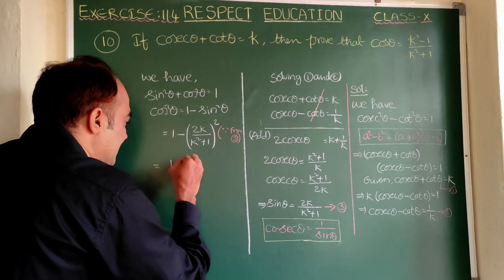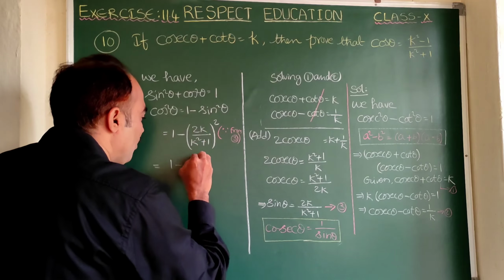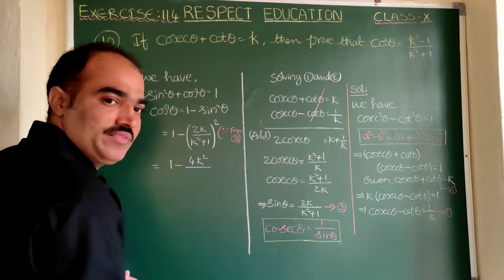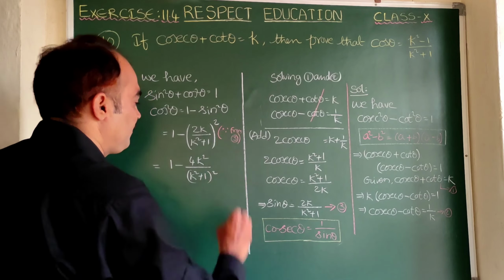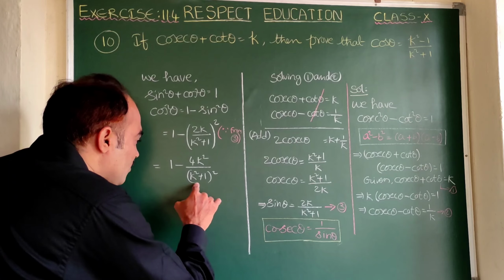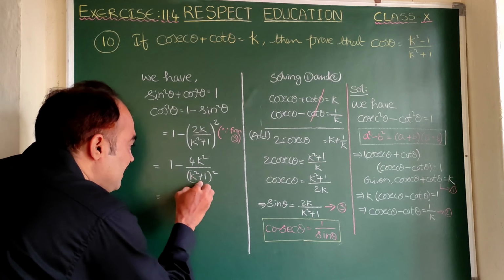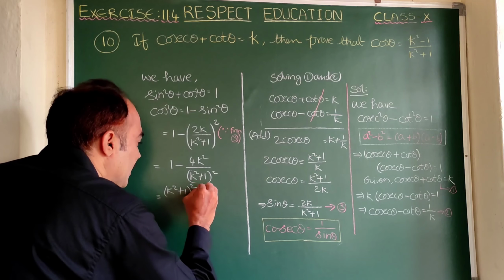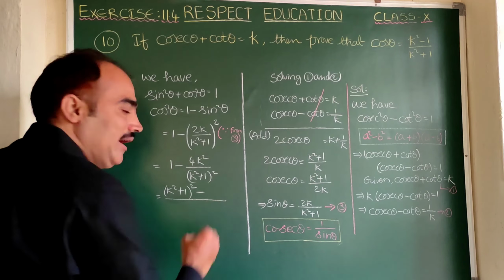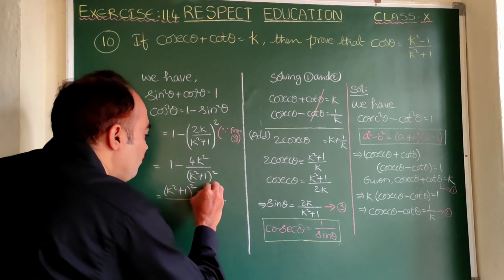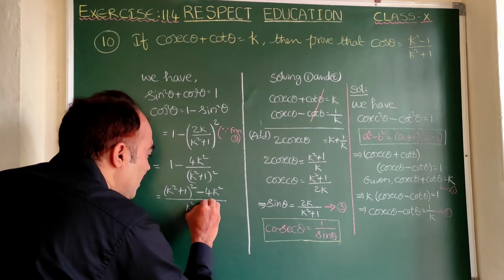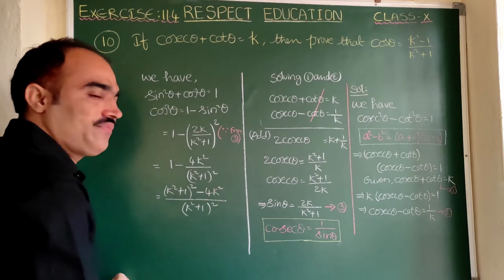Let us write 1 as it is. 2 square is 4, k square is k square, by k square plus 1 whole square. Now this k square plus 1 whole square will become the LCM. That into 1 is the same, k square plus 1 whole square, minus, in the numerator, 4k square will come as it is. Here k square plus 1 whole square will come.